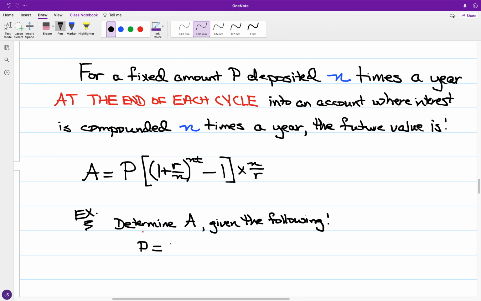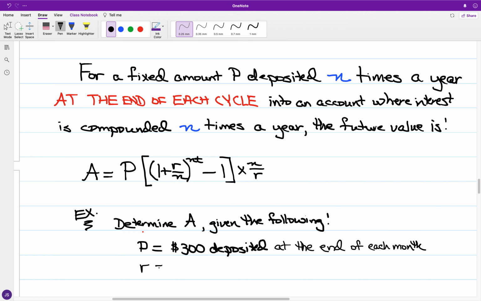Okay, and we'll say we have $300 deposited at the end of each month. And for the rate of interest, we'll say it is 6%, so r is going to be 0.06.